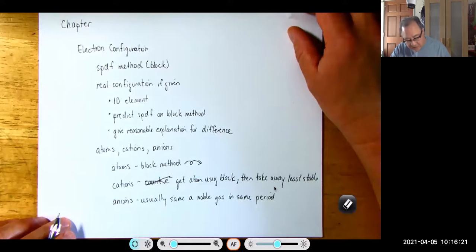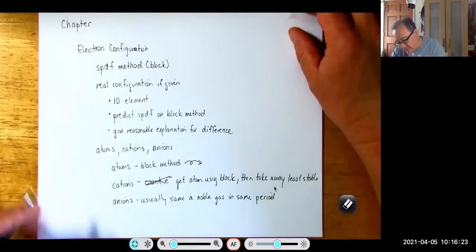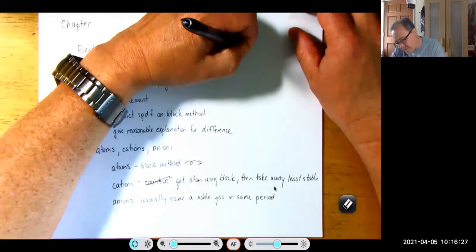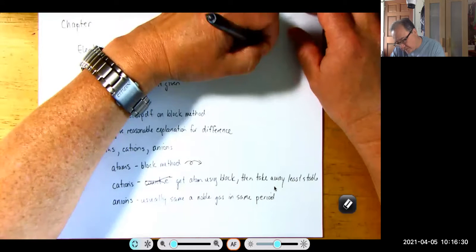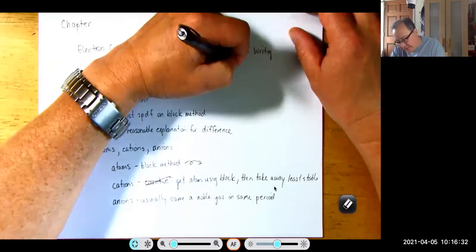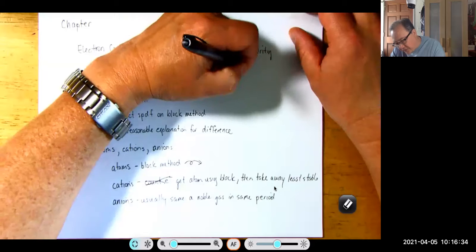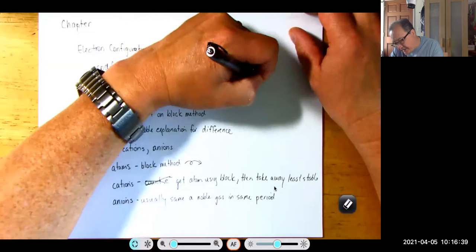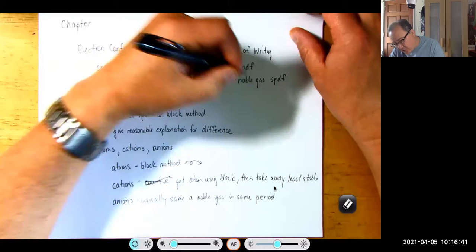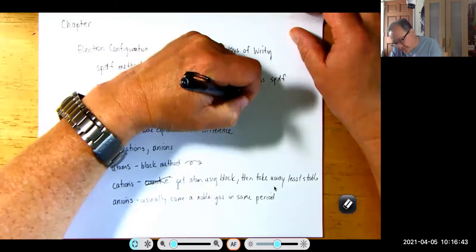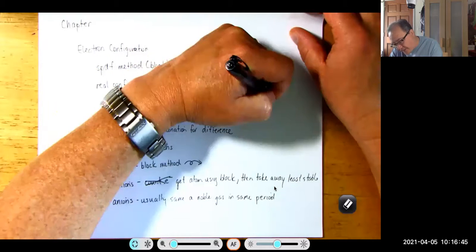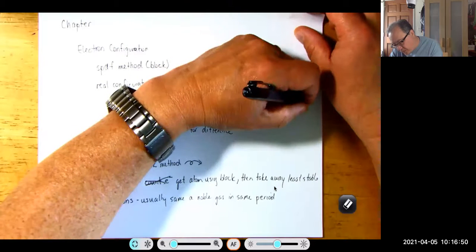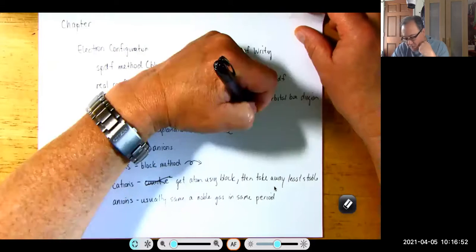And when we look at ways of writing the electron configuration, you've got the SPDF method, you've got the noble gas SPDF method, and then you've got the noble gas orbital box diagram. What are the two things we should say about the orbital box diagram?